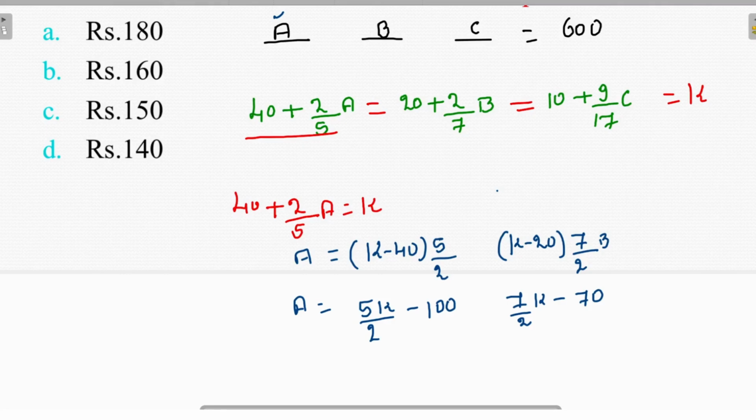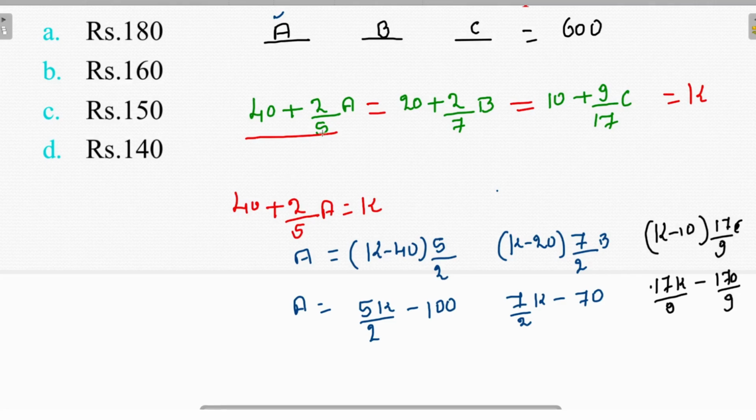It is B. Like that, C also I can write. What can I write? K minus 10 divided by 17 by 9C, which means C is equal to 17k by 9 minus 170 by 9.